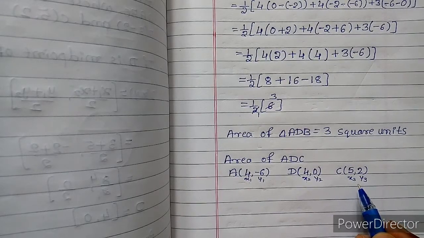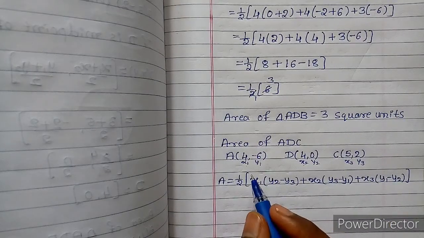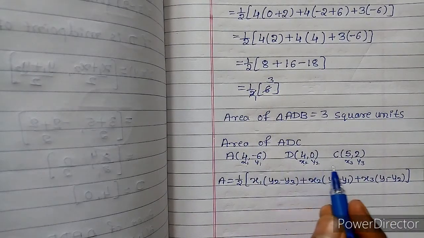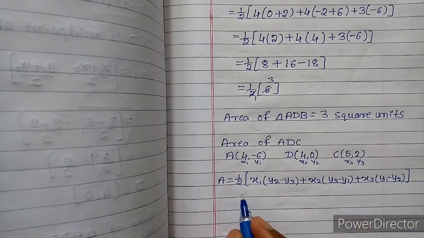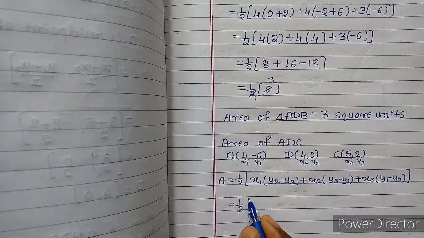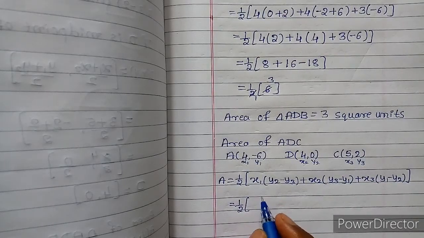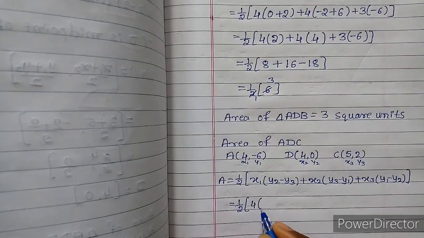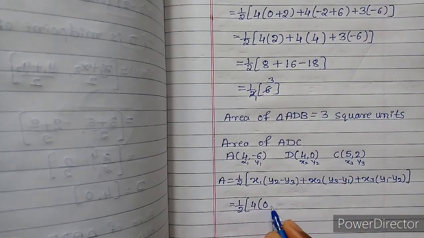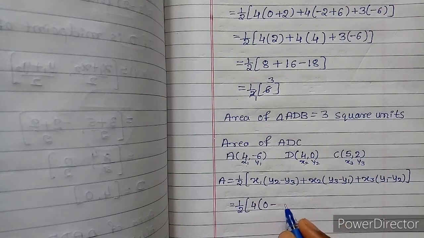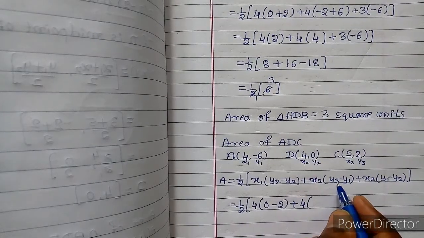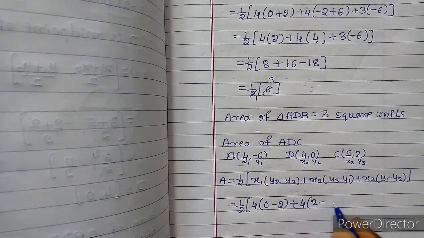Now write the formula of area of a triangle. Here we have to put the values of x1 y1, x2 y2 and x3 y3 in this formula, that is 1 by 2 into bracket the value of x1 is 4, 4 into bracket the value of y2 is 0 minus the value of y3 is 2, 0 minus 2, plus the value of x2 is 4 into bracket the value of y3 is 2 minus the value of y1 is minus 6.